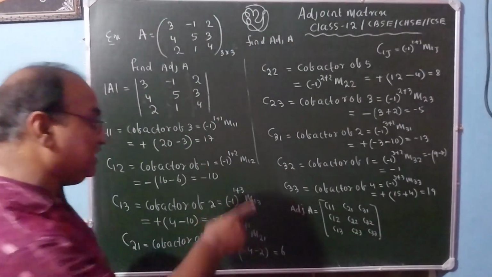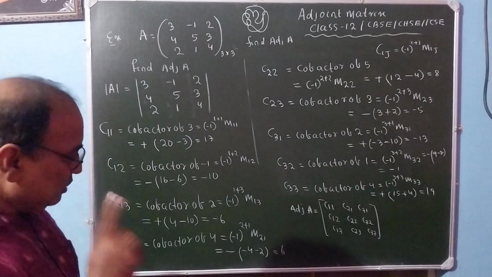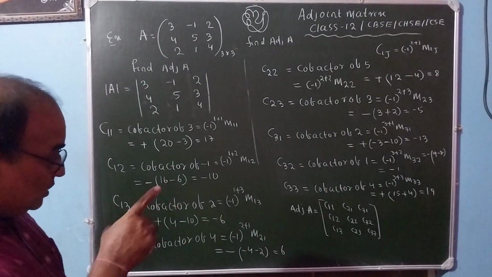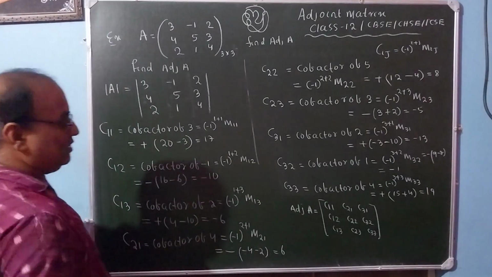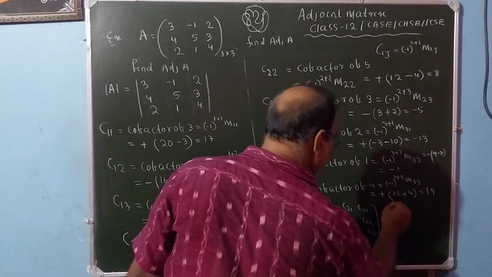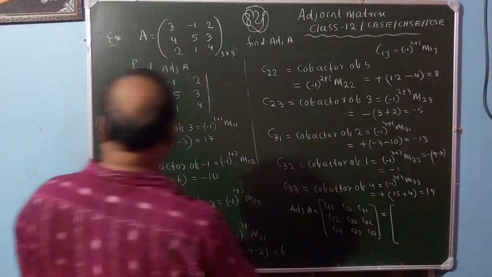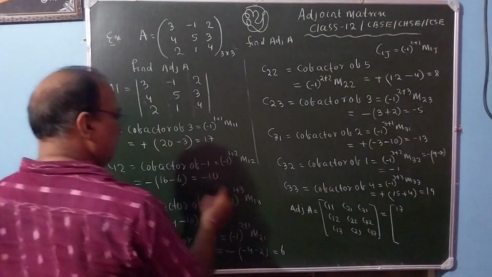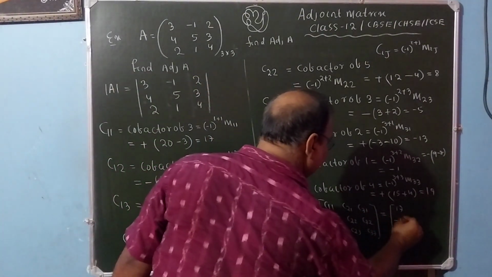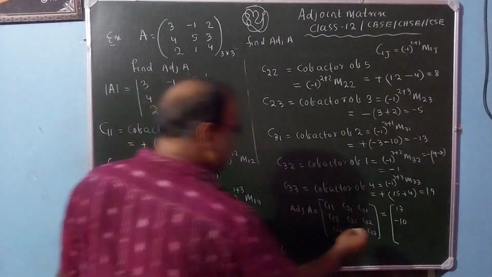Now put the value of C11, C12, C13, C21, C22, C23, C31, C32, C33. Put the values here. So we get C11 means 17. Here it is minus 10. Here it is minus 6.